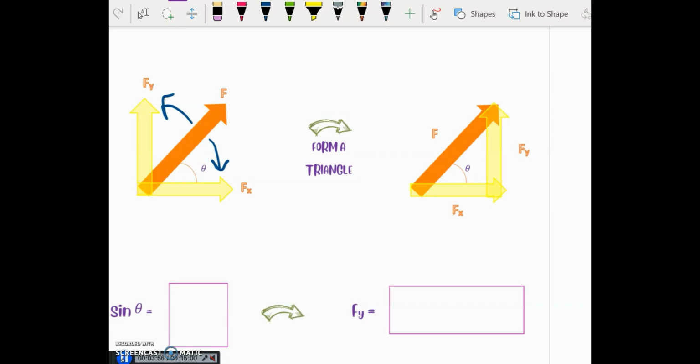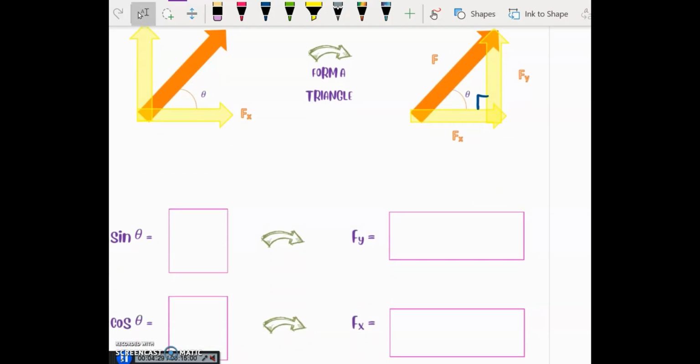Since these forces are vectors, we can move the vectors around as long as the length is not changed. So I am going to move Fy to the right side so that I can form a right angle triangle. From this diagram, I am going to find the magnitude of Fx and Fy.